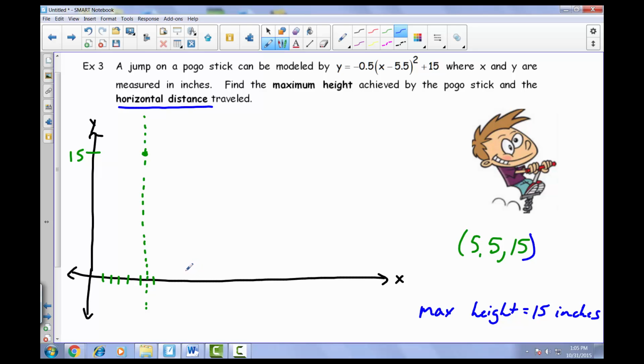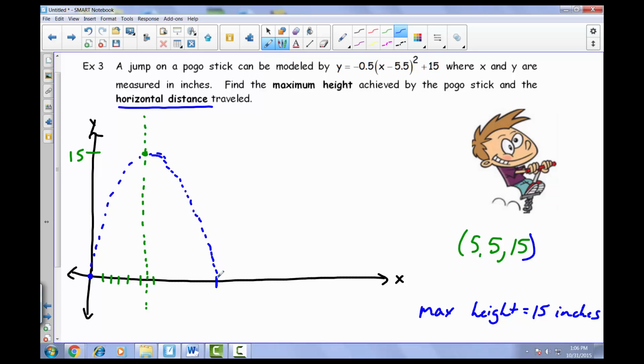But if you assume for a second that he started at the origin, and that at that vertex, 5.5, he traveled 5.5 inches as he went up into the air, reached his highest point, and then came back down. Keep in mind, the axis of symmetry is like that mirror, so the left side should match the right side.